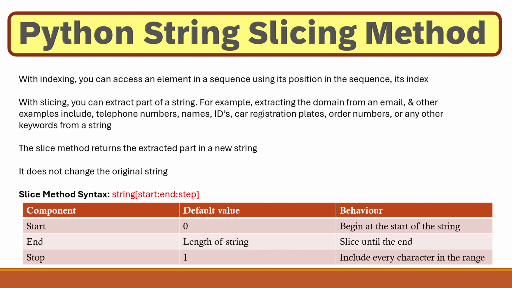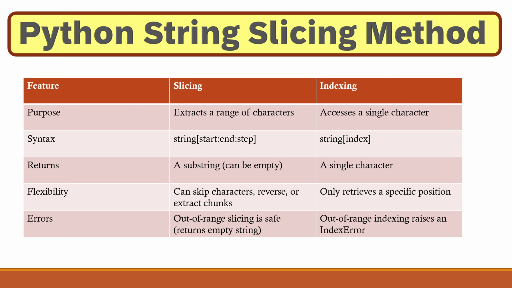By the way, slightly going off topic, here is the difference between the slice method and the indexing method. We can see the features on the left hand side: purpose, syntax, return, flexibility and errors. So for purpose, the slice method extracts a range of characters where the indexing method accesses a single character. And we can then see the syntax and what they return.